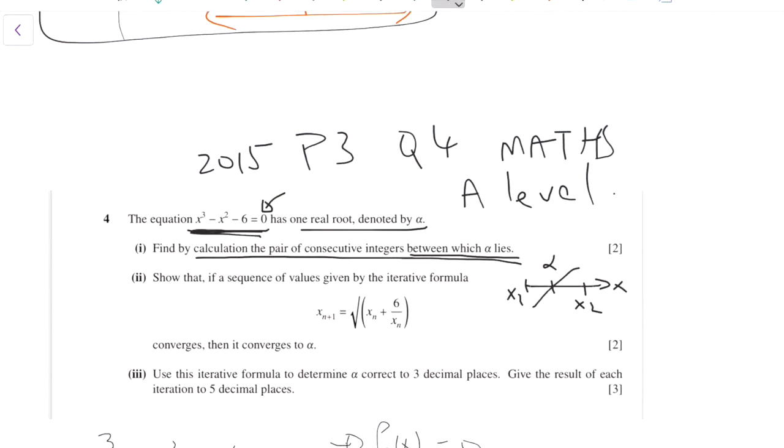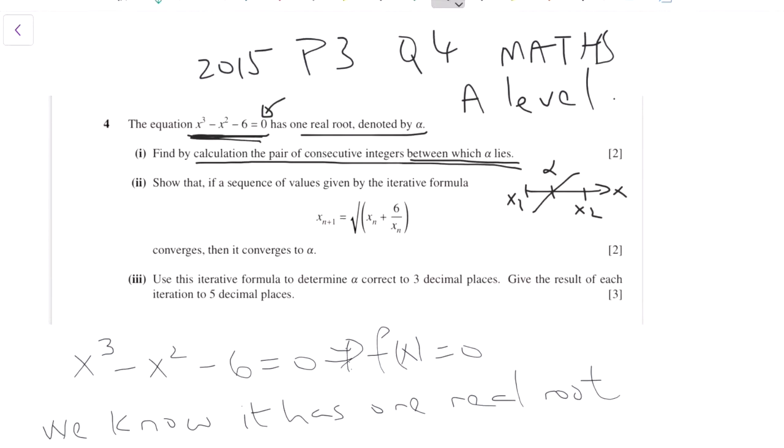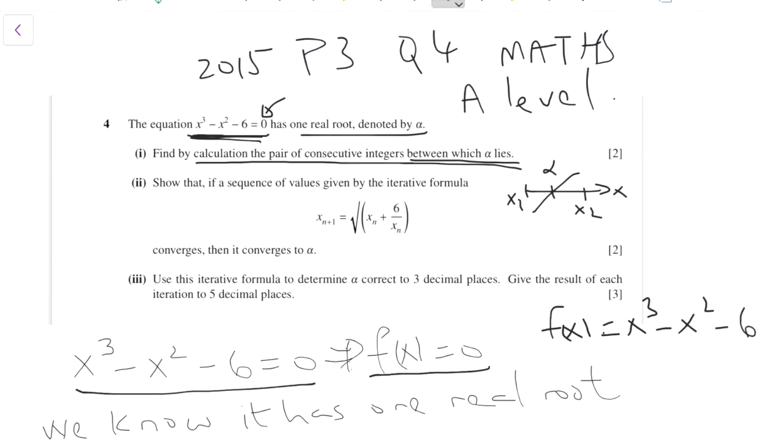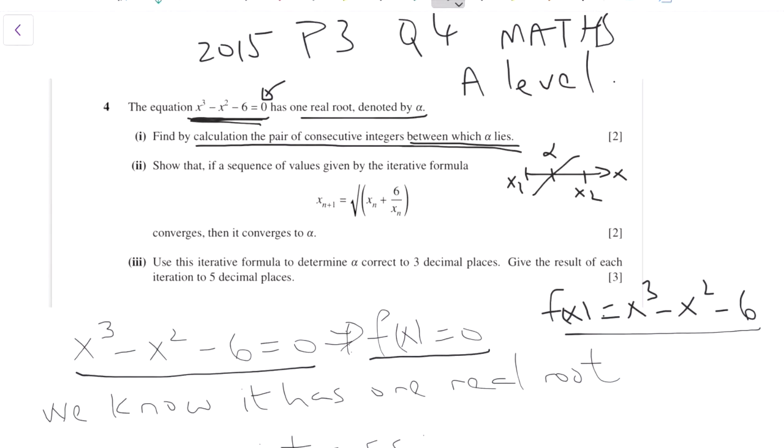So let's start. x cubed minus x squared minus 6 equals 0, that's the equation, and I shall call it f(x) equals 0. So f(x) equals x cubed minus x squared minus 6. We know it has one real root, and then you can start trying some integers.